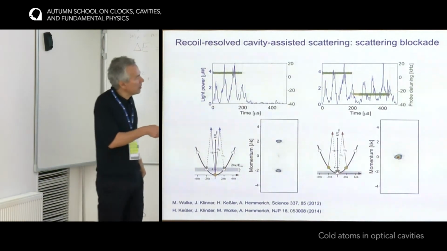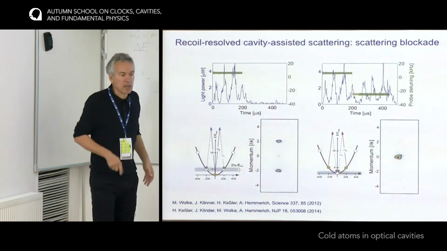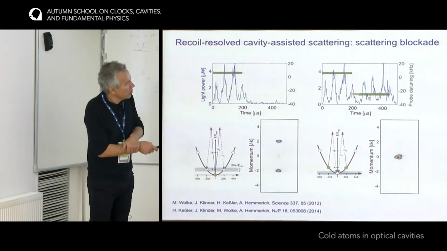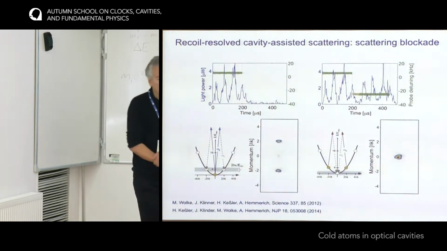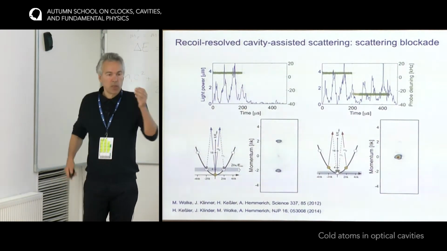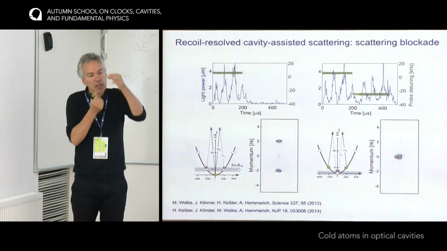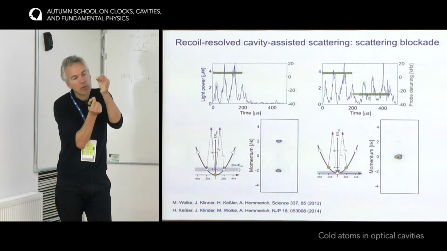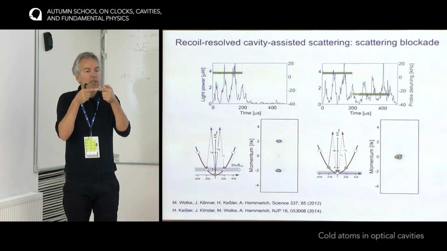These pulses will very efficiently cool and bring the atoms back to your condensate state. In our experiment, this is unfortunately not very easy to do because we have to compress the atoms quite a bit with our magnetic trap to make them overlap with the very narrow focus of our cavity mode.